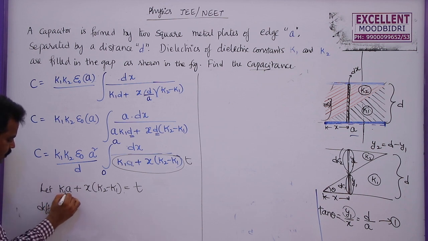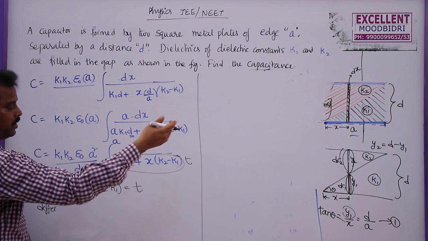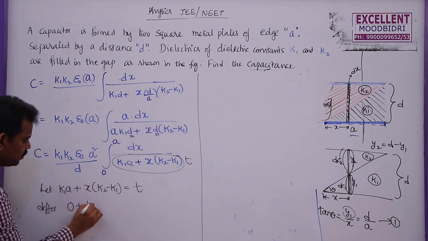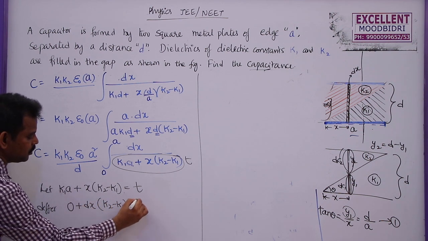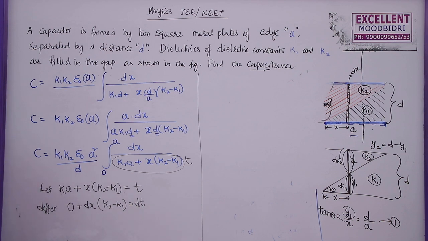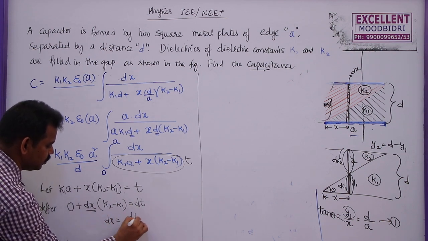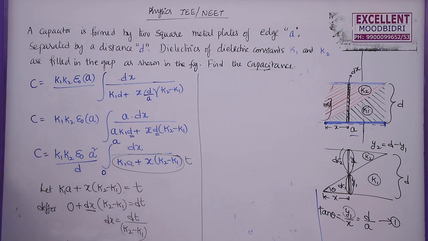K1 is a constant, A is the edge of the plate, constant, so this is 0, and the x will become dx into K2 minus K1, which is constant, derivative of t is dt. So what is dx now? dx is equal to dt by K2 minus K1.